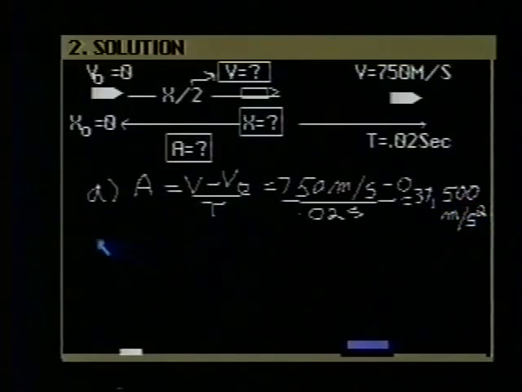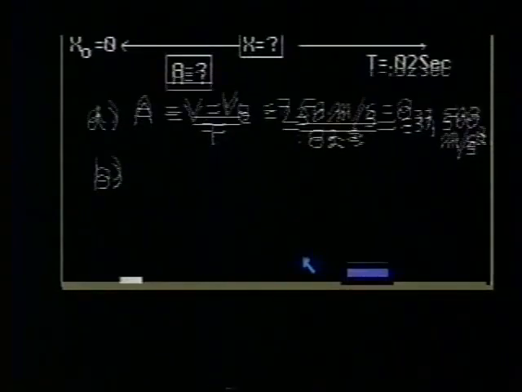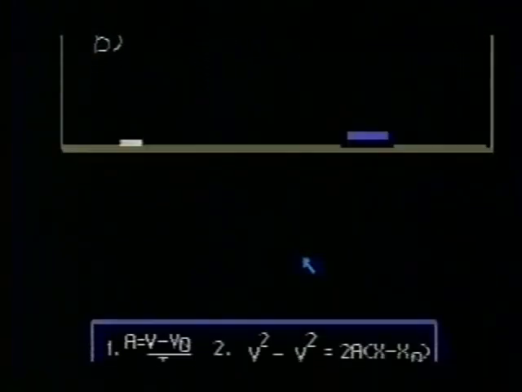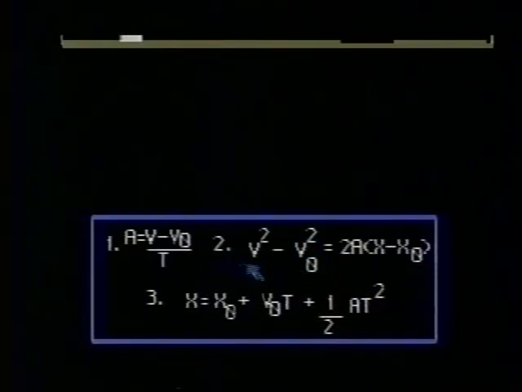Let's now find the length of the barrel, the distance x. So for part B, let's take a look first of all at our equations. We need to know the distance x. If we look at the second equation, it does contain the distance x.